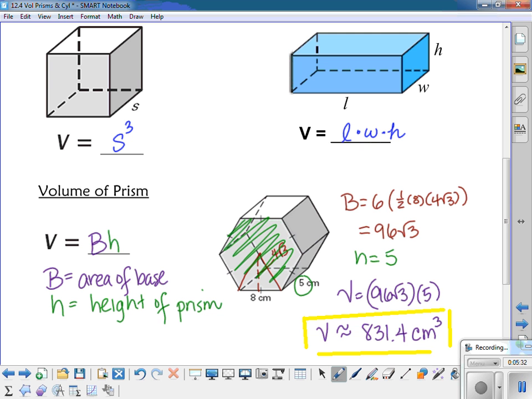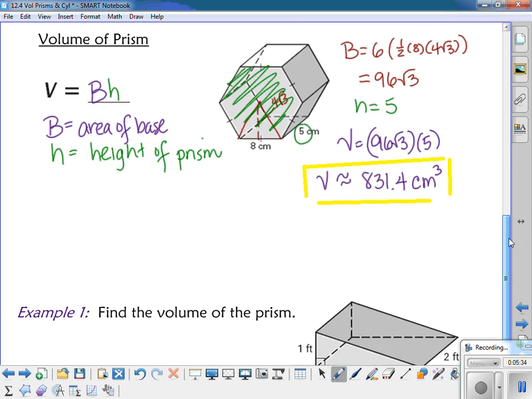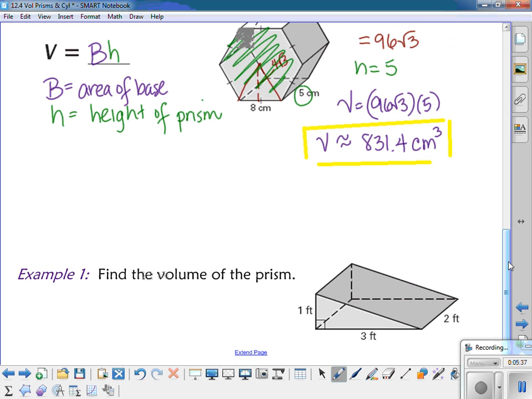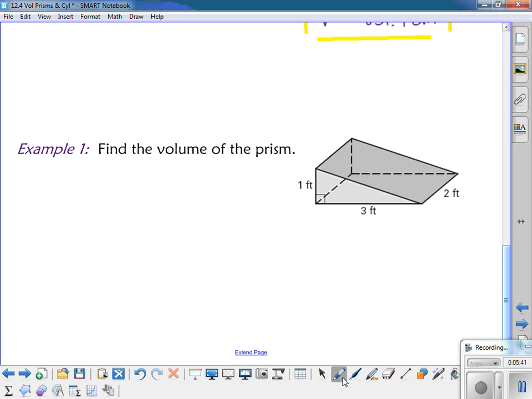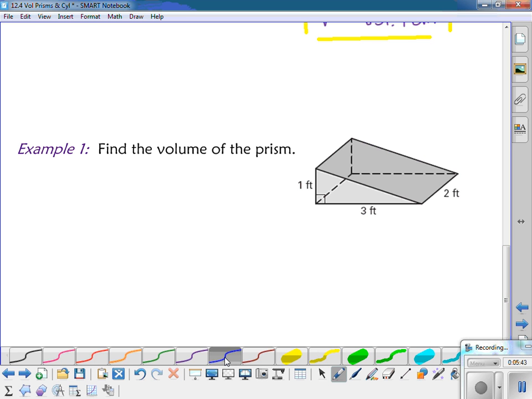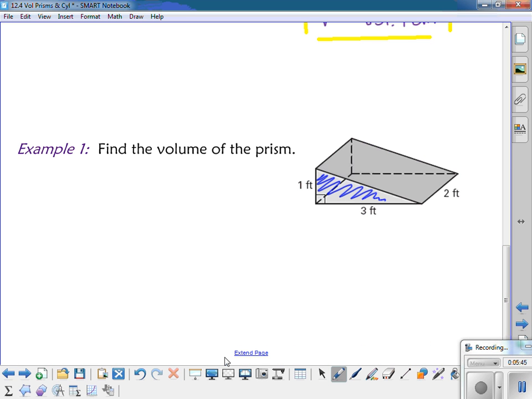All right, so here's another example. We're going to find the volume of this triangular prism. And so again, my base is this triangle here. So the volume is the area of the base times the height of the prism. So the triangle is my base, and the 2 feet is how high it would stand if it was standing on top of that triangle.